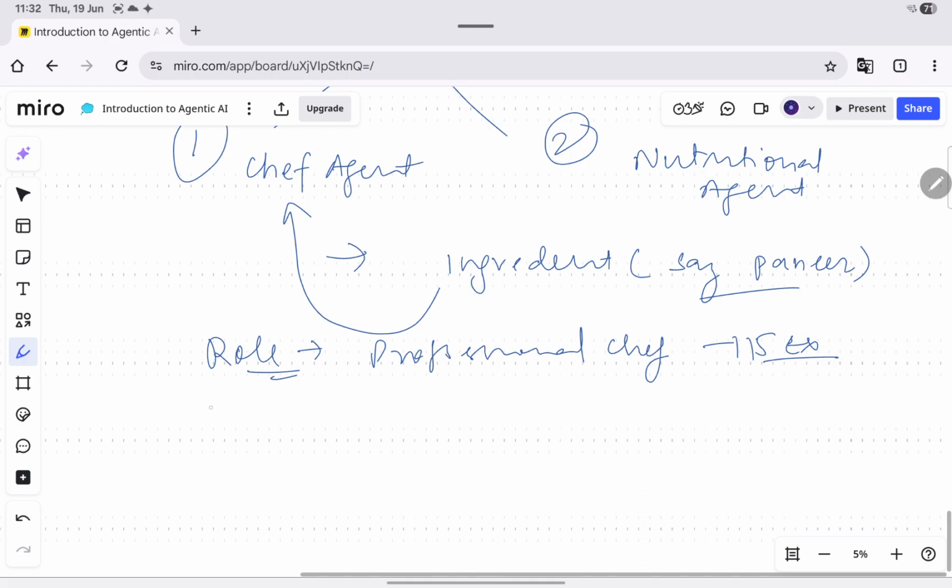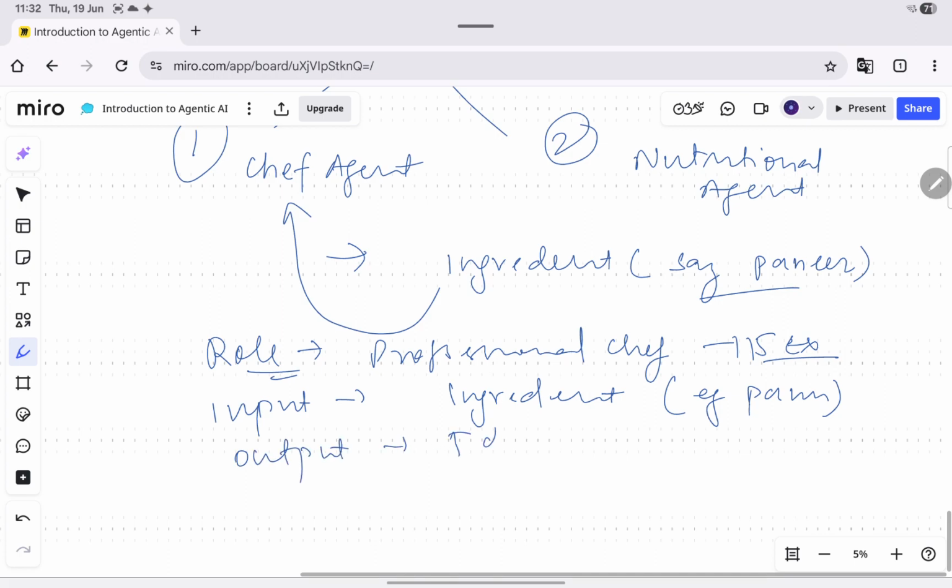The input we give is the ingredient, for example paneer. Here I am expecting the output to be 5 different recipe suggestions.